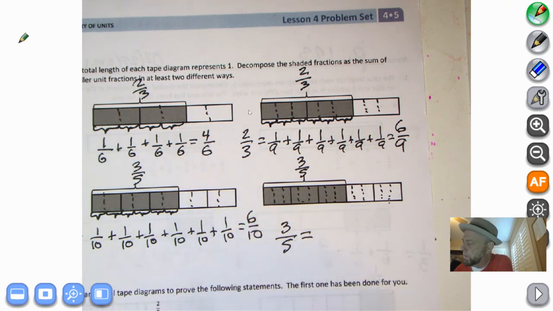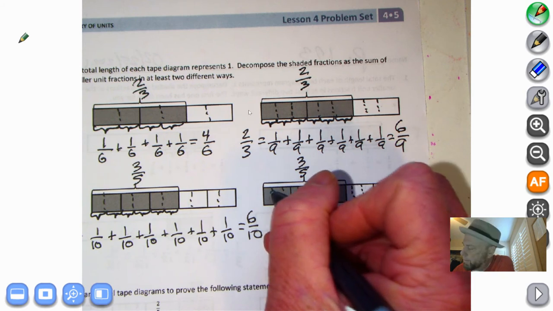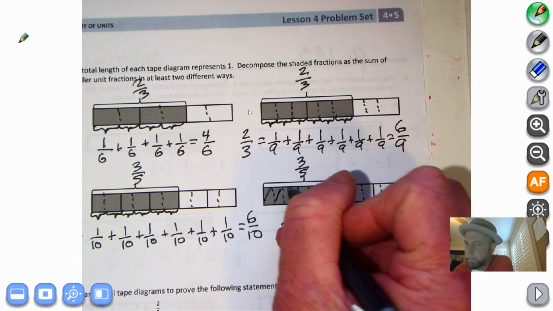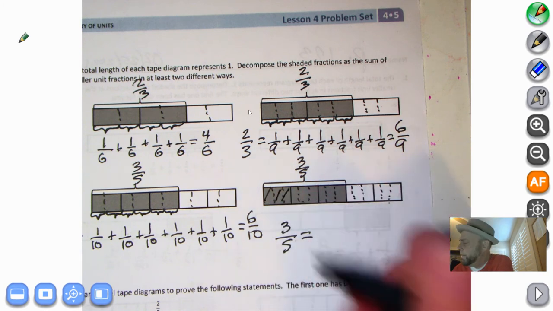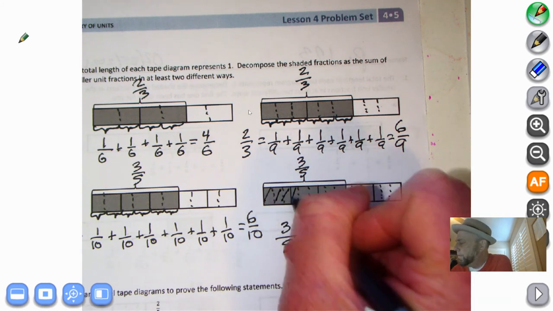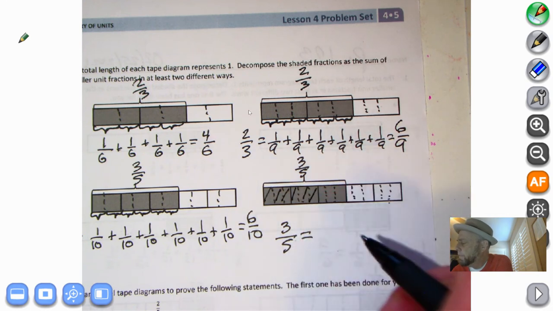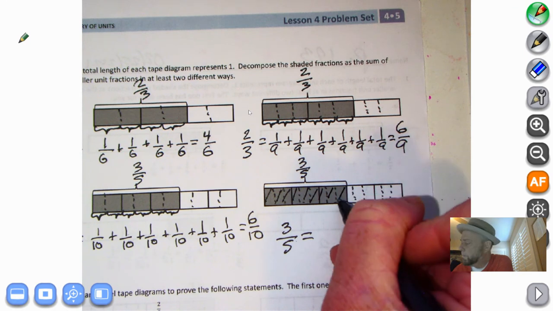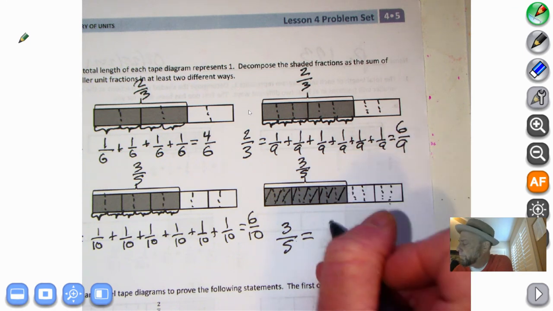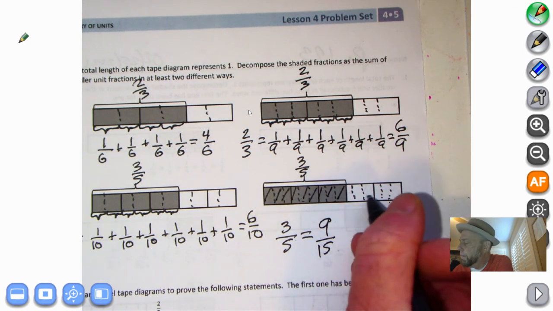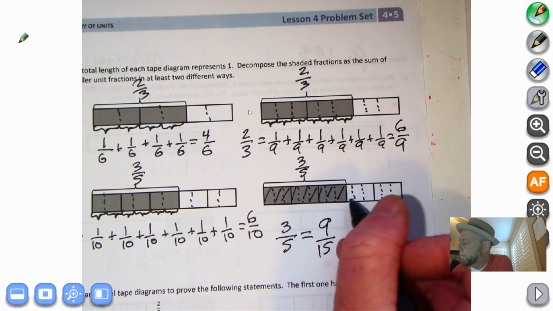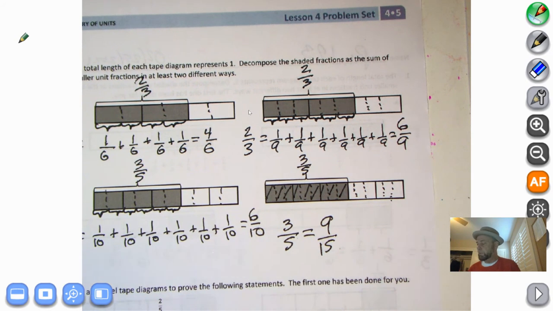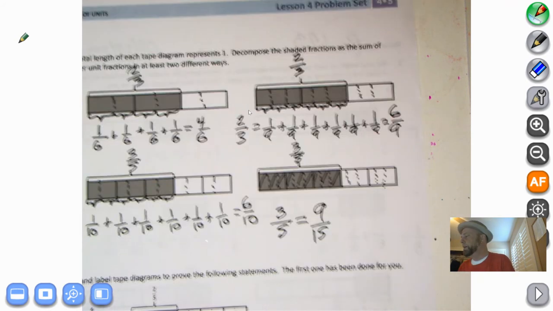So let's just count them and see what happens. 1/15th, 2/15th, 3/15th. 4/15ths, 5/15ths, 6/15ths. 7/15ths, 8/15ths, 9/15ths. So 3/5 is equivalent to 9/15. Got it? Here we go. One more to do.